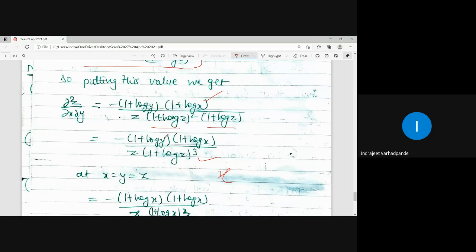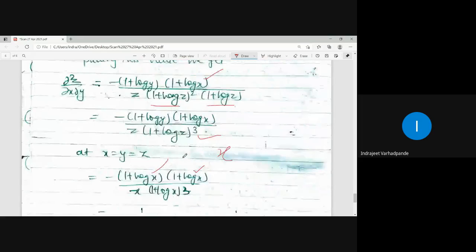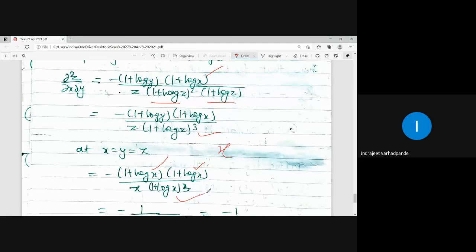So 1 plus log y becomes 1 plus log x, and 1 plus log z whole cube becomes 1 plus log x whole cube. Clear? So z and y will be written in the form of x because the result requires variable x in the RHS.